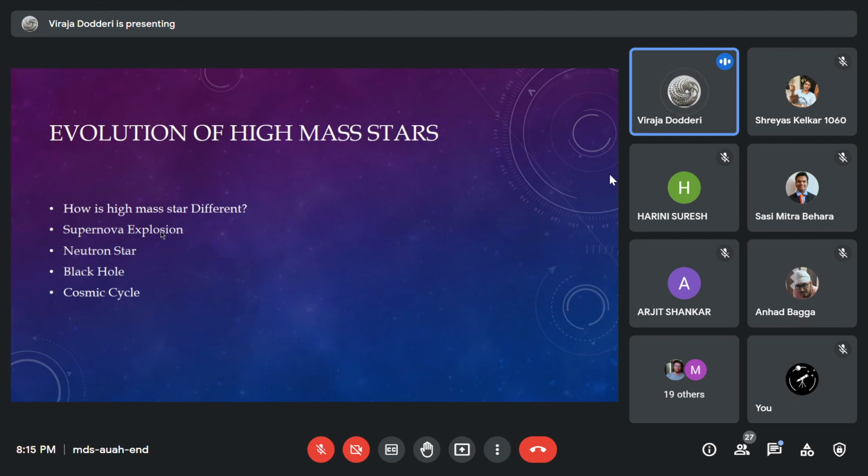So the core keeps getting smaller and smaller through the helium burning phase. After helium is exhausted, the helium shell gets burnt and then finally it reaches the carbon, and the carbon core also goes through the burning phase.